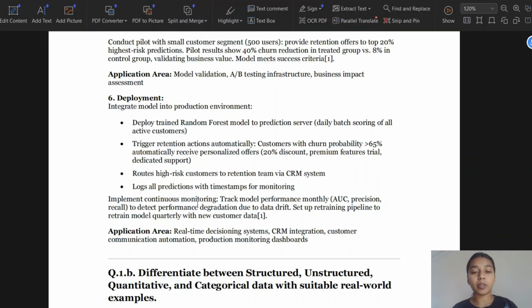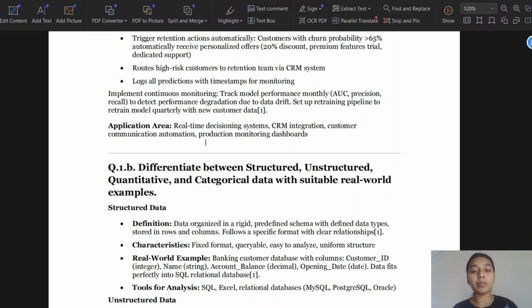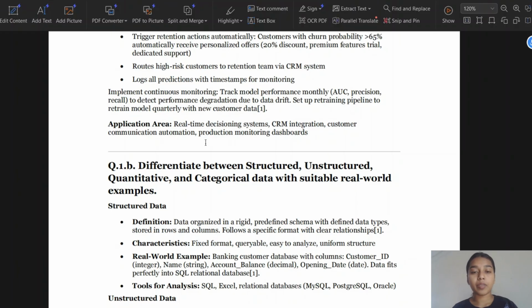Implement continuous monitoring, tracking model performance monthly to detect degradation due to data drift. Set up a retraining pipeline to retrain the model quarterly with new customer data. Application areas would be real-time decisioning systems, CRM integration, customer communication automation, production monitoring dashboards.